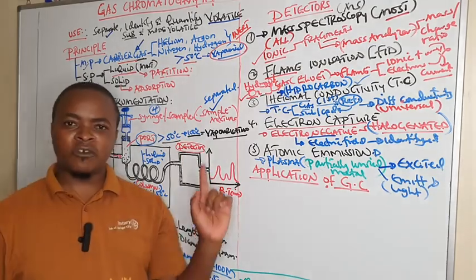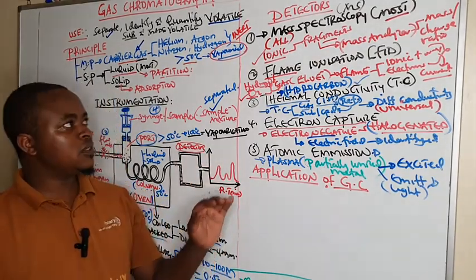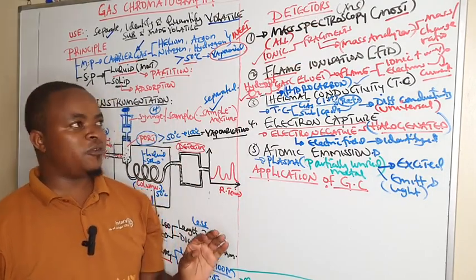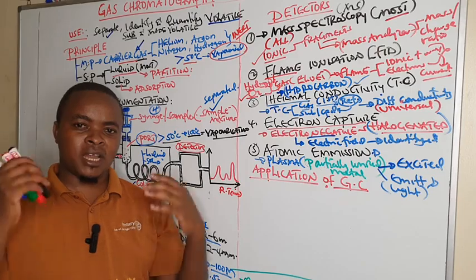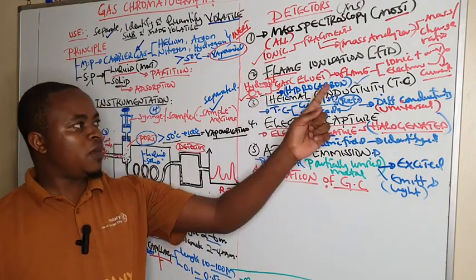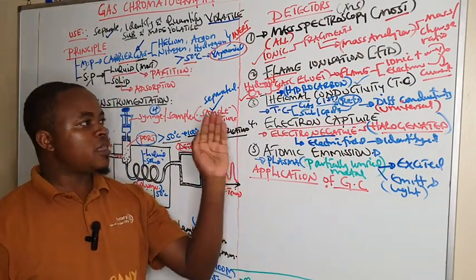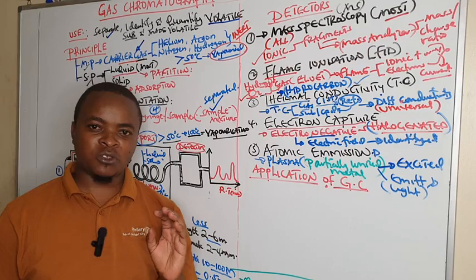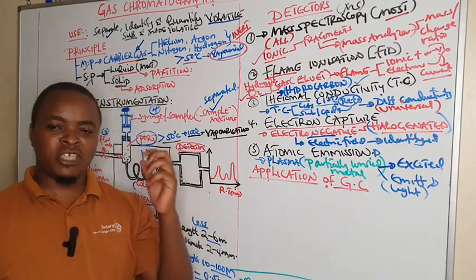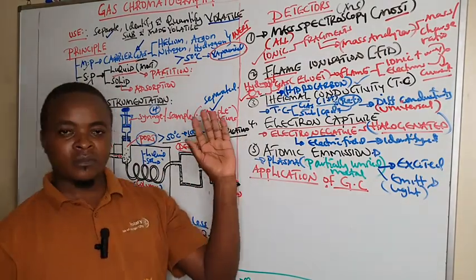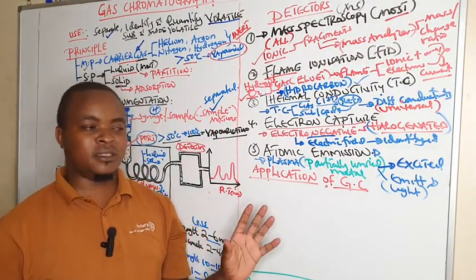So what we should not forget about these different detectors is that the mass spectroscopy is universal, can be used for all types, and the most common and accurate method. Flame ionization is for hydrocarbon compounds. Thermal conductivity also universal, basing on difference in conductivity of the carrier gas and the substance to be identified.